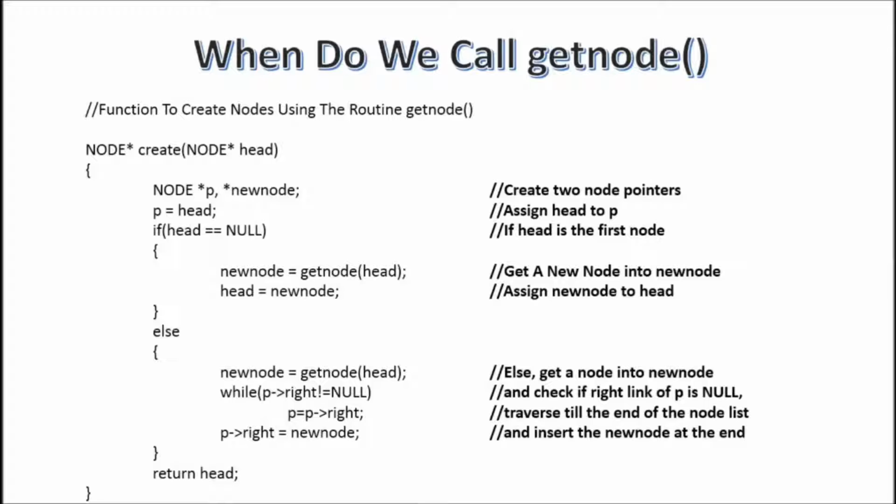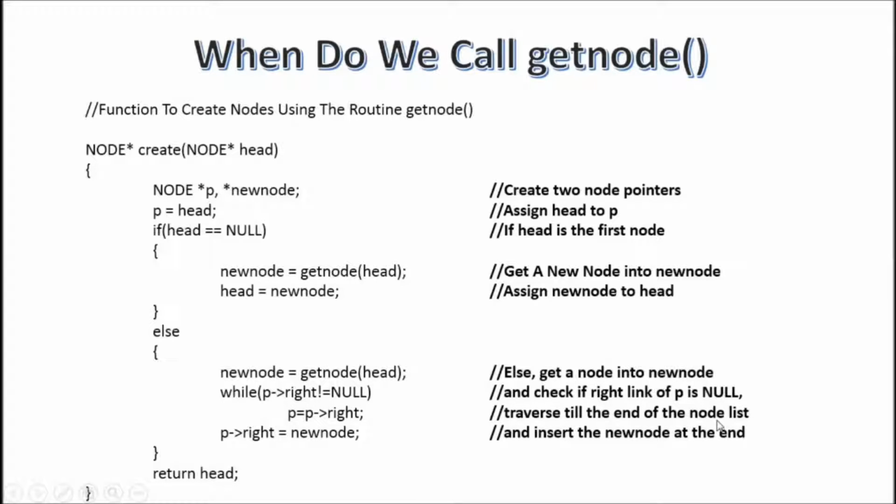So anyhow, whether it's the first node or not, we create a node by calling the getnode function. We pass the parameter head, and this line here is very important: while P's right not equals null, P equals P's right. Remember P was assigned the value of head. So what this line basically does is, if head is not equal to null, get into the else part, get a node into the new node, and check if the right link of P is null.